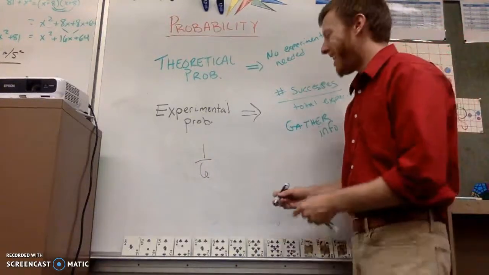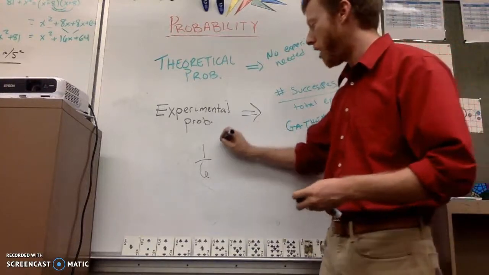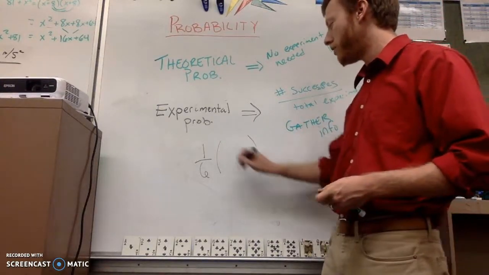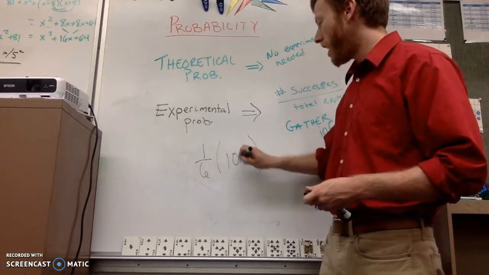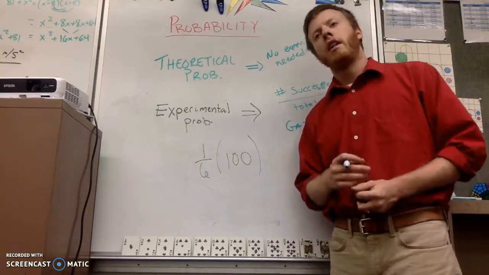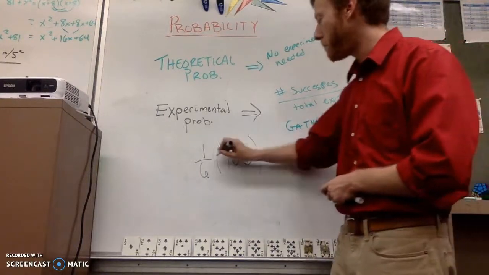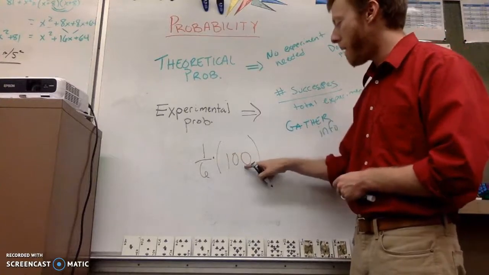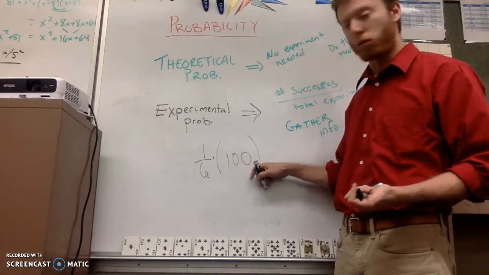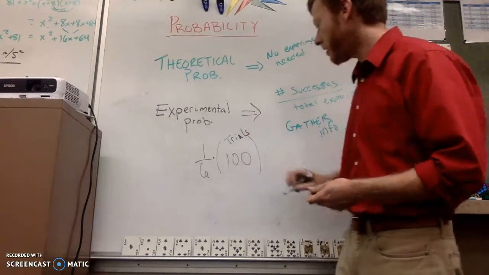So if I rolled it 100 times, roughly speaking, how many of those are going to be 2? In order to calculate the number of trials we would expect to have happen here, we would take the probability and multiply it by the number of trials we're doing, okay? We'll call those trials.